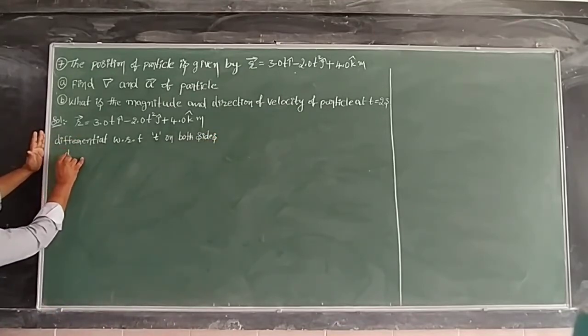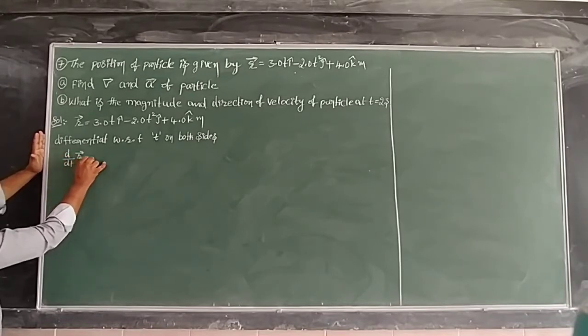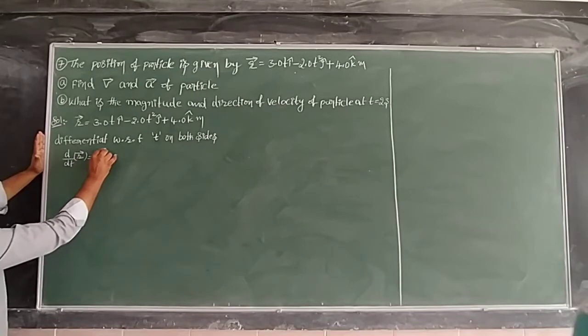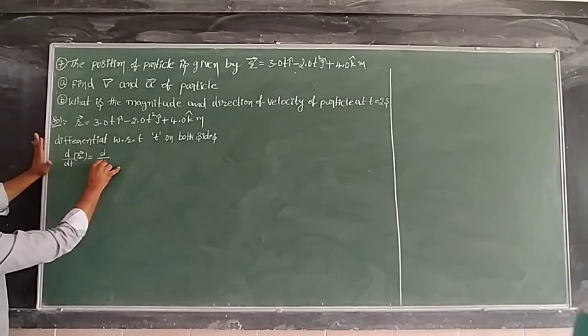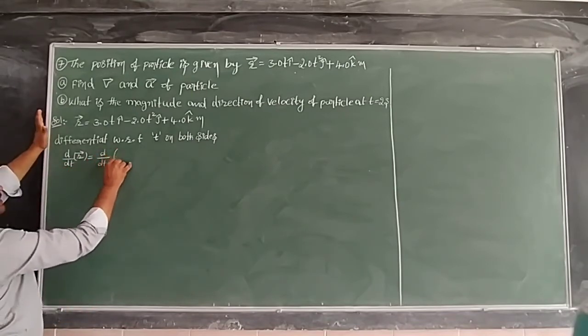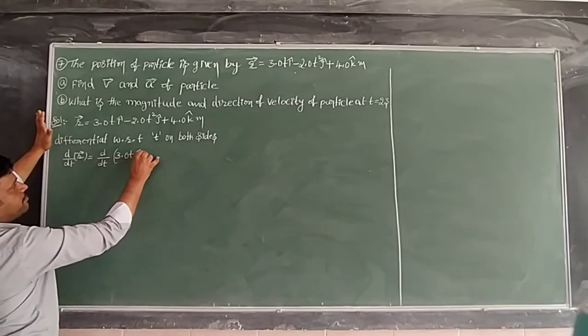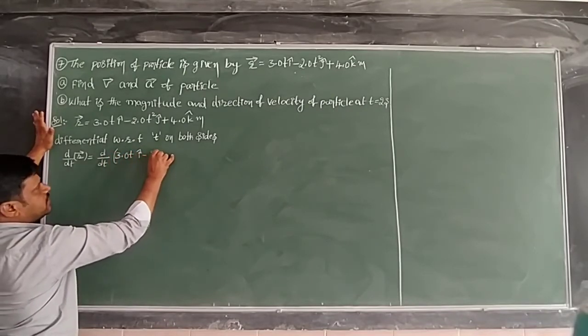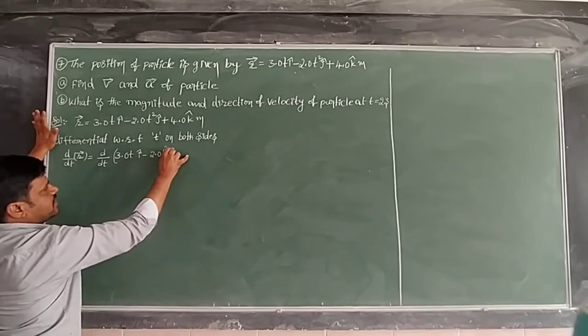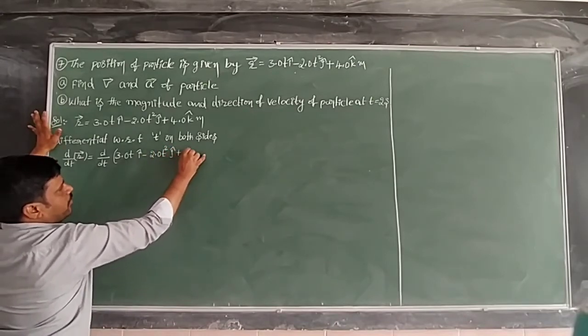So on both sides, d by dt of r bar is equal to d by dt of 3.0 t i cap minus 2.0 t square j cap plus 4.0 k cap.